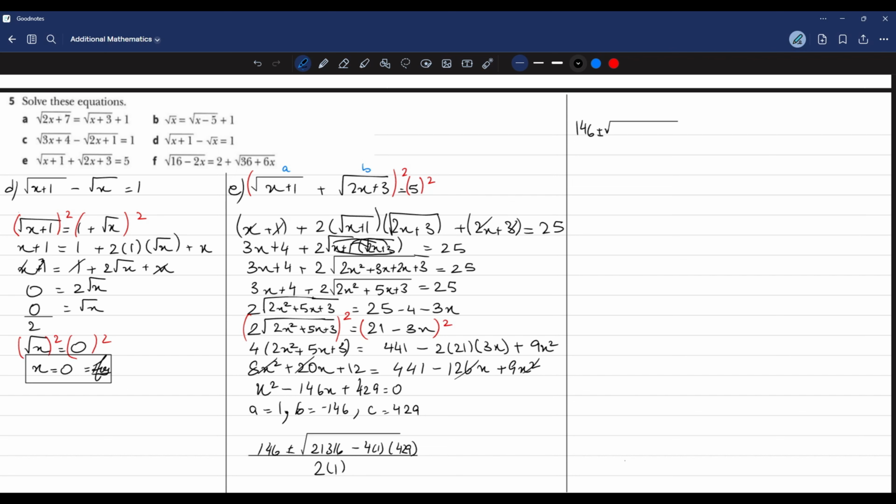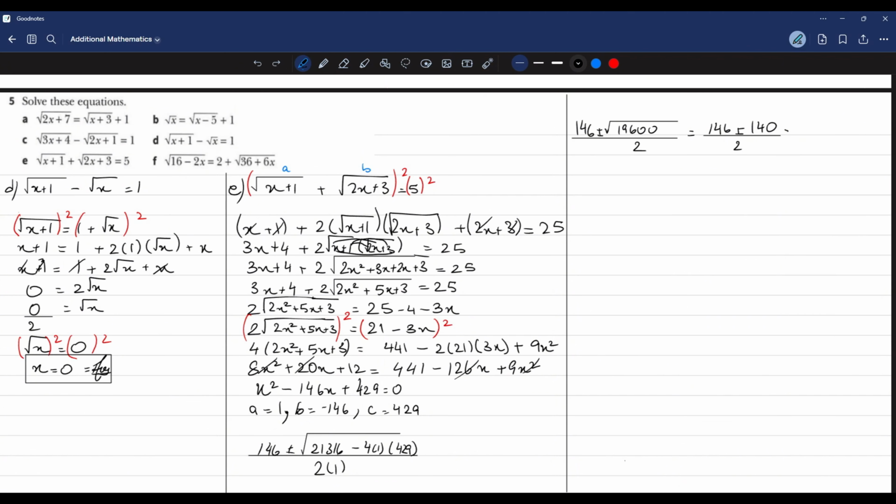So it's 19,600. And what is 19,600? In fact, just first of all do this, divided by 2. What is 19,600 inside the under root? It is equal to 140. So 146 plus minus 140 divided by 2 is equal to your answer for x.